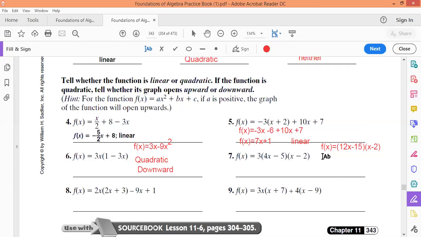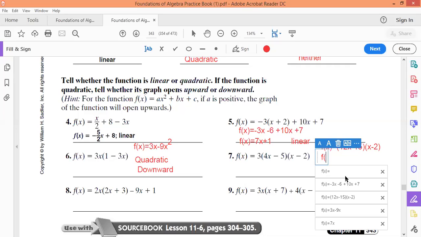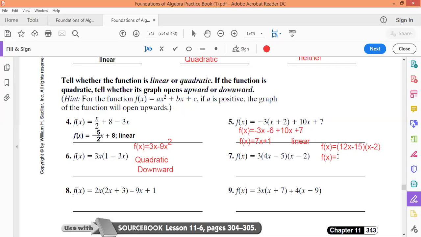Wait, it will be f of x is equals to 12x square and then negative 24x minus 15x plus 30.